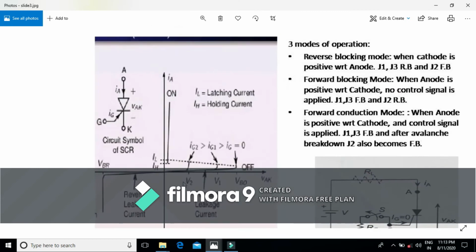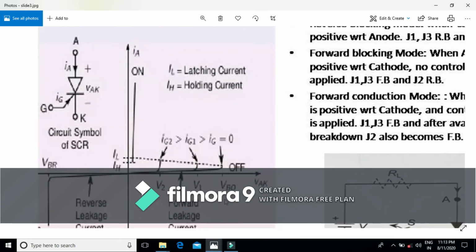This is shown in this figure where the gate current Ig2 is greater than Ig1 and greater than Ig, and the breakover voltage for gate current Ig2 is V2, for Ig1 is V1, and for Ig is VBO.